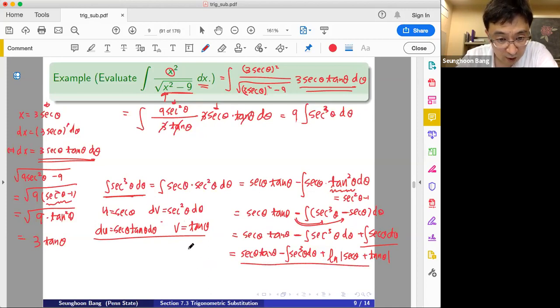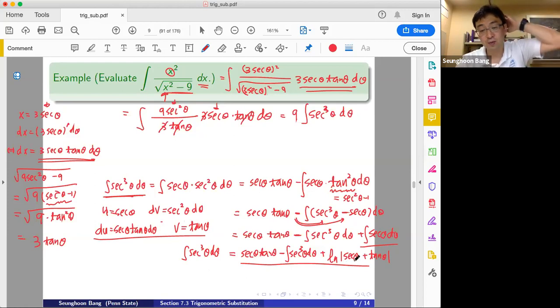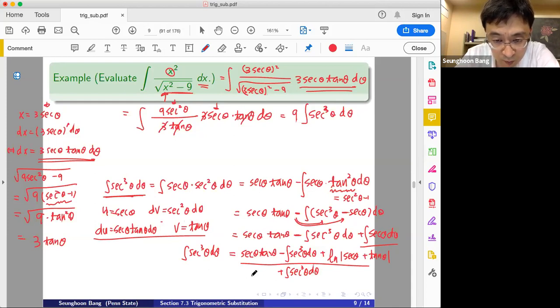So I can rewrite the integral of secant cubed theta d theta as exactly secant theta tan theta minus the integral of secant cubed theta d theta plus ln of the absolute value of secant theta plus tan theta. The next step, you add the integral of secant cubed.